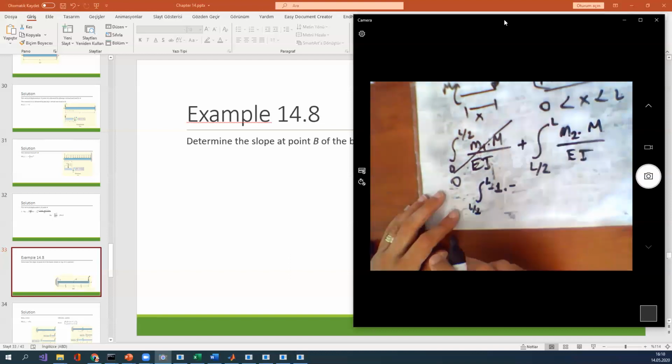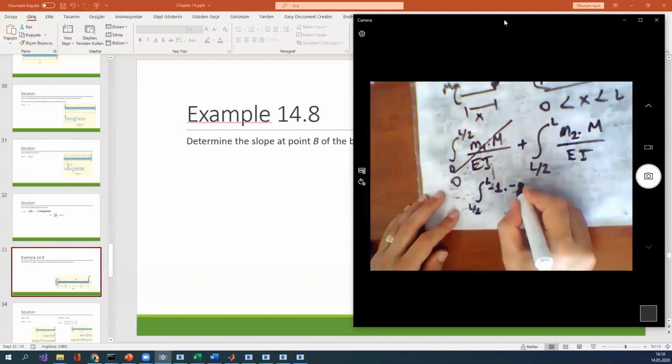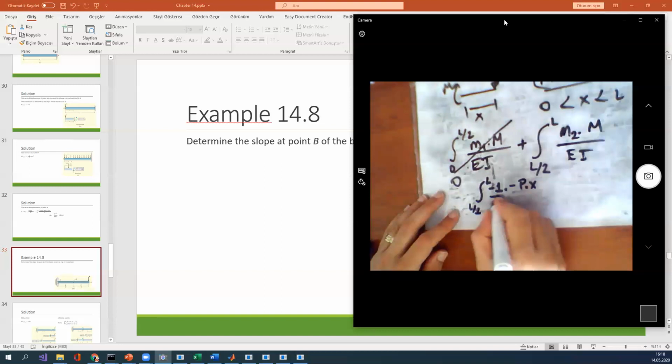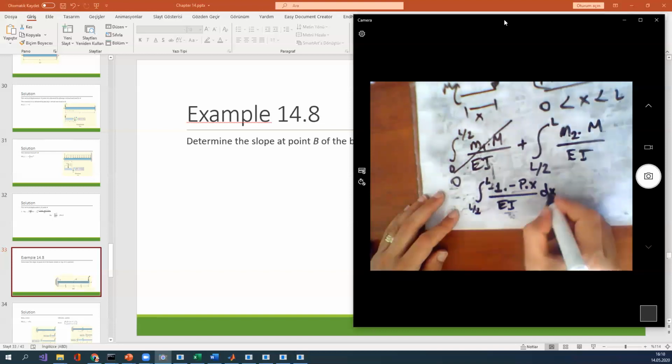I made a small mistake in here, sorry about that. Minus P times x divided by EI dx. The dx was forgotten in here.